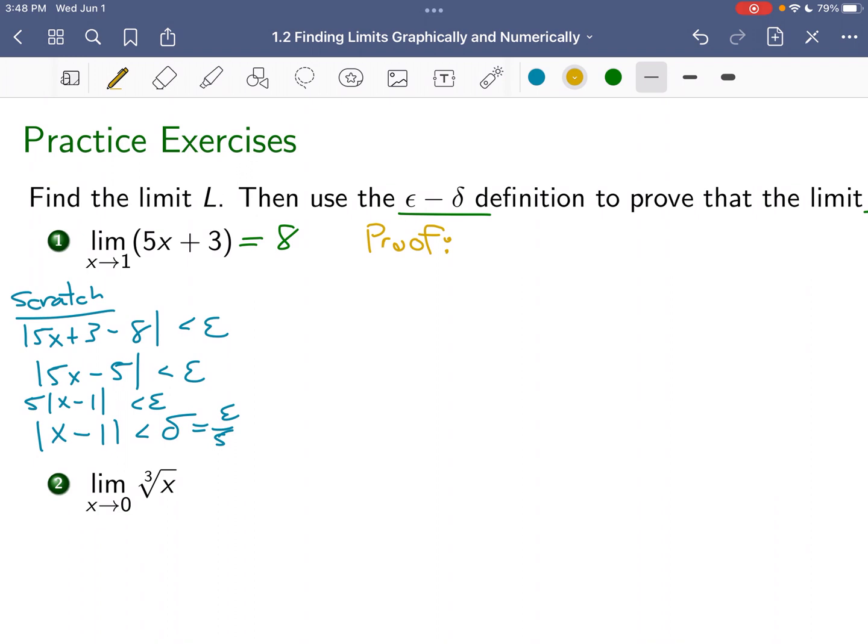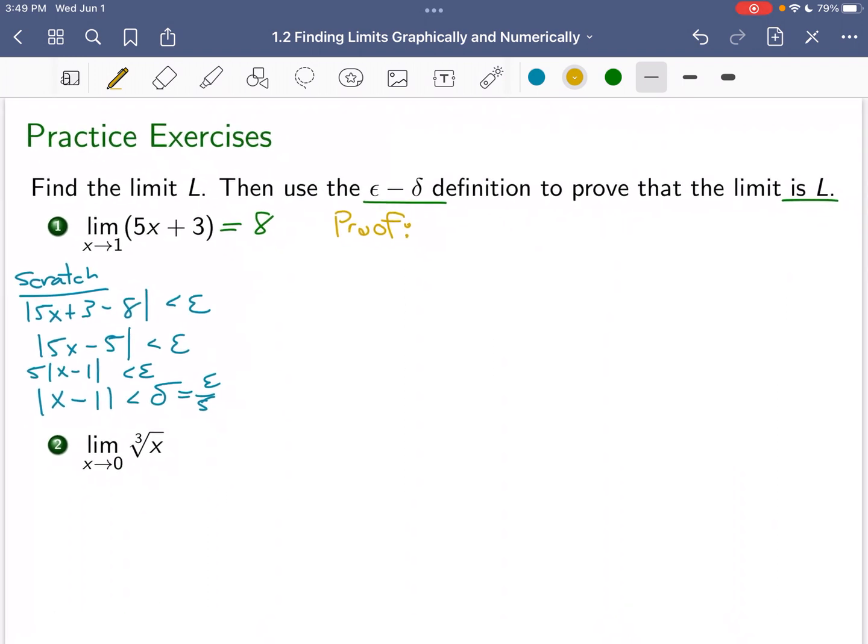Our proof is going to look like this. Given epsilon greater than 0, let delta be equal to epsilon over 5.